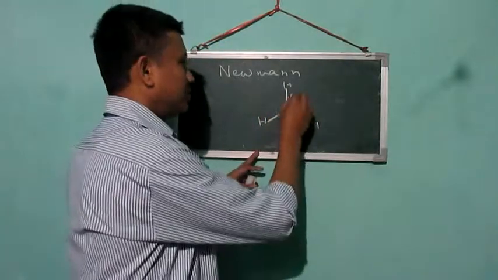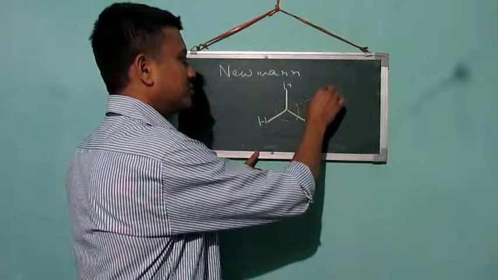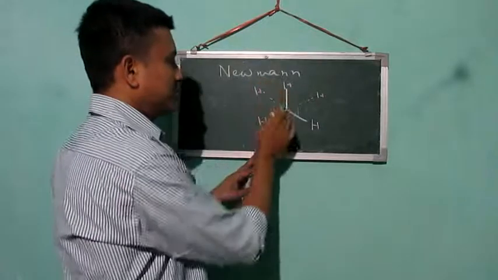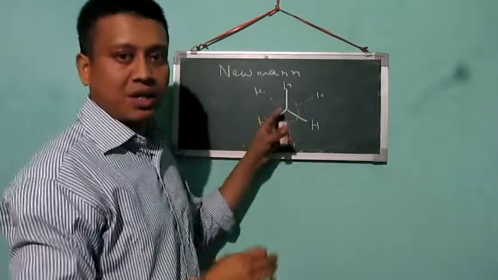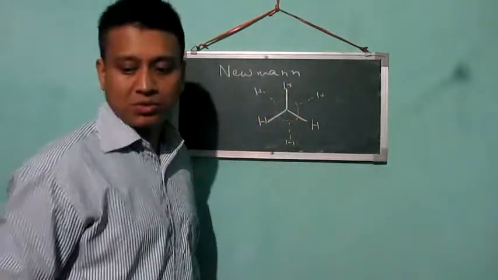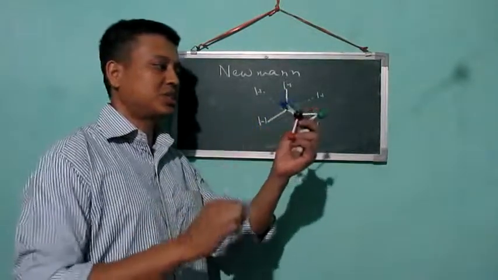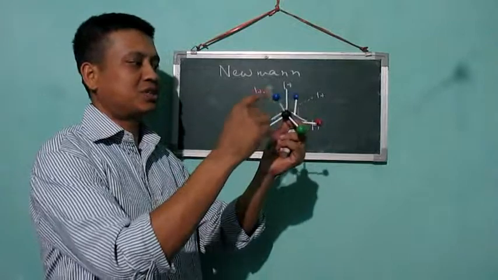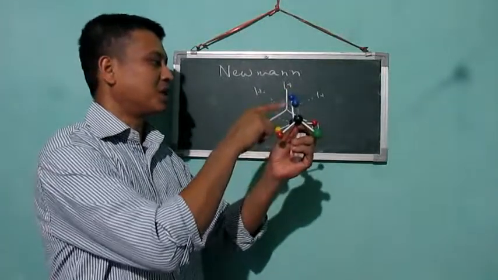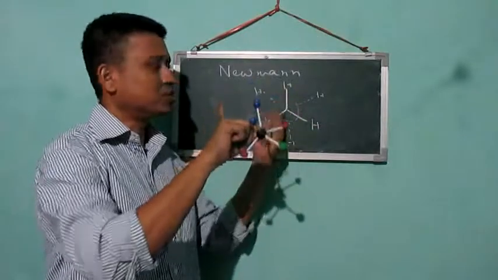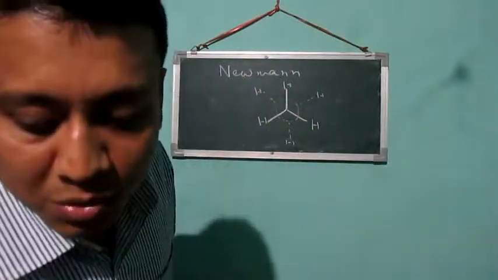So this circle is having another three hydrogens. So the back side means another carbon is there, front side means one carbon is there. You can see this is the front carbon where three other groups are there. This is the back carbon where three other groups are there. So this representation is known as Newman projection formula.